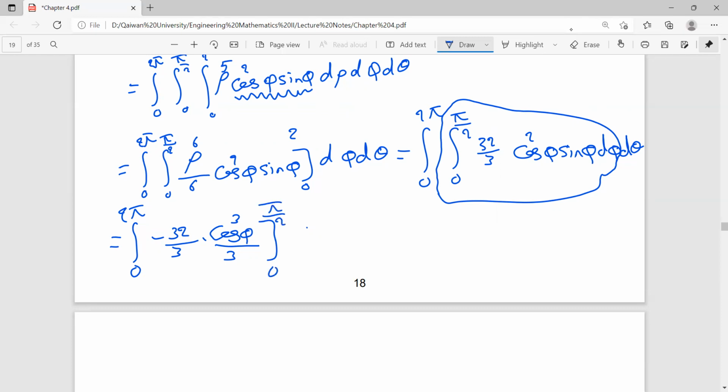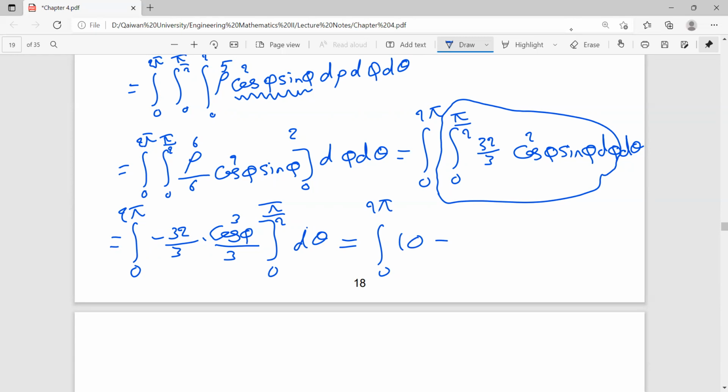Okay. Then we do theta also. We first replace phi by pi over 2, then we replace by 0. When you replace by pi over 2, we get cosine of pi over 2, and cosine of pi over 2 is 0. That means for the upper limit, we get 0. It's 0 minus.